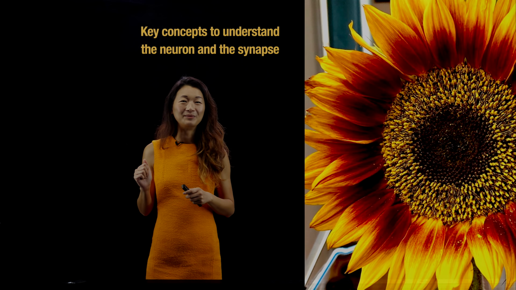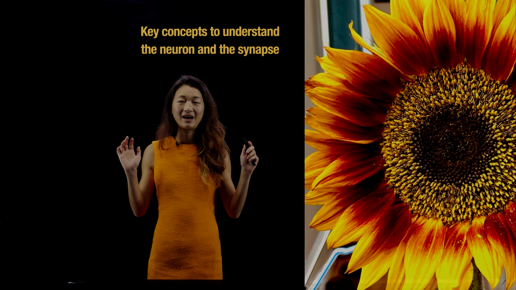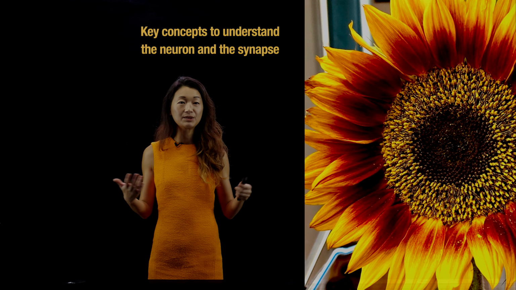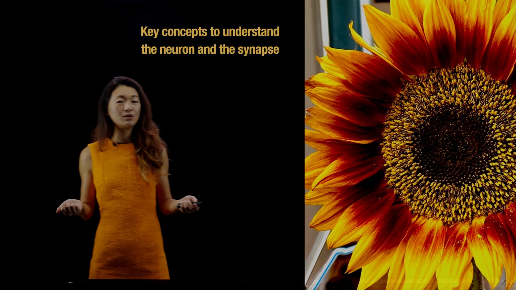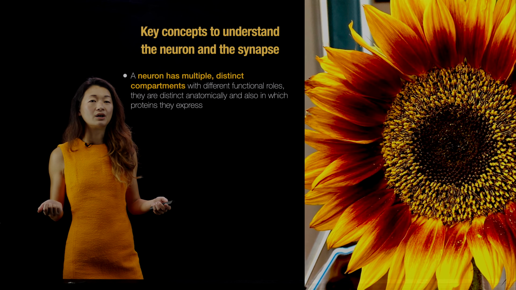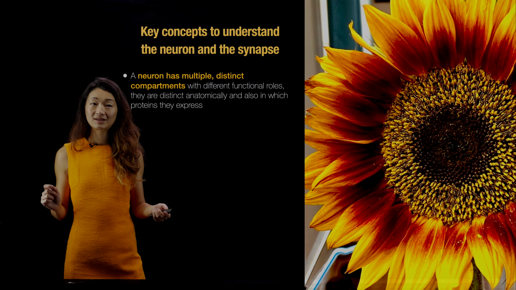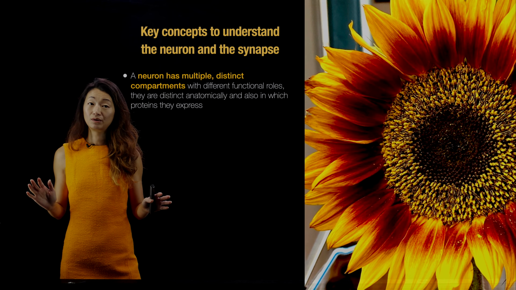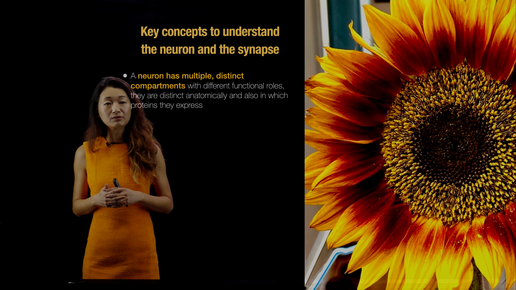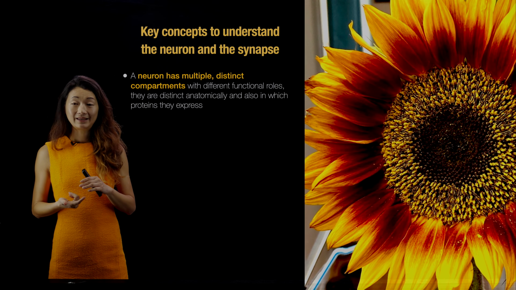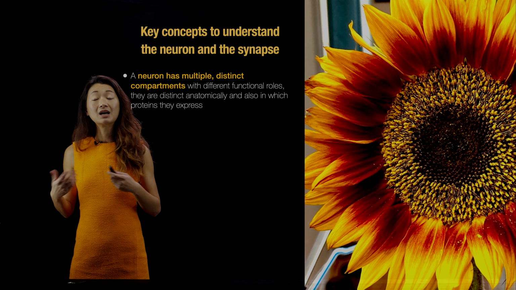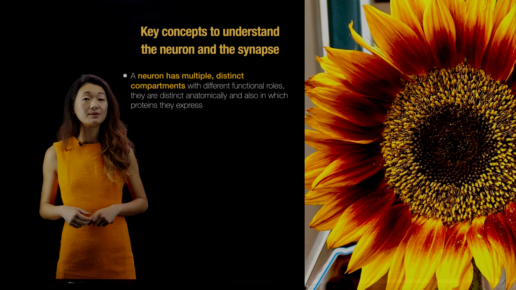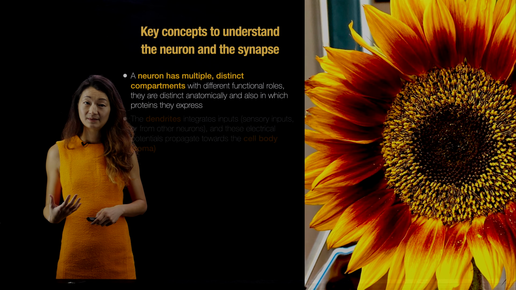Okay. So, key concepts that we have talked about that I will review very quickly: to understand the neuron, the anatomy of the neuron, and the parts of the synapse. We talked about how neurons have multiple distinct compartments, and they have very different functional roles. The most relevant ones for us to remember are the dendrite, the cell body, the axon hillock, and the axon. And they're distinct both anatomically and also in terms of their function because they express different proteins.